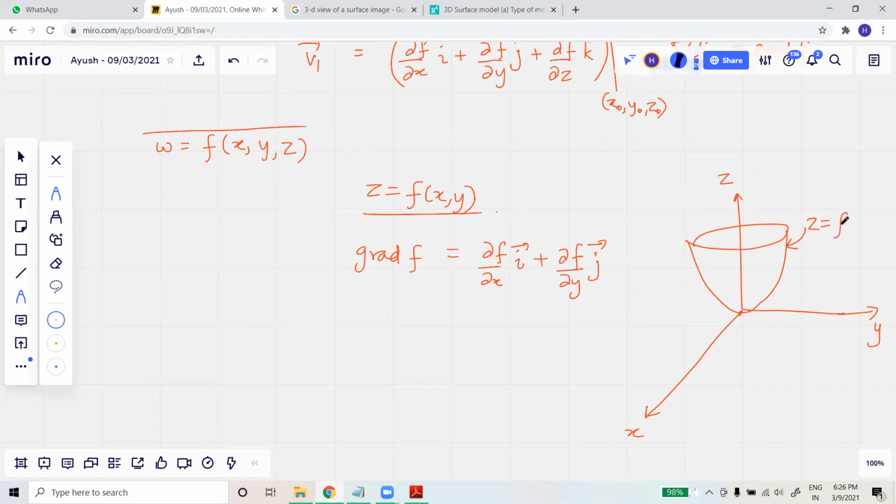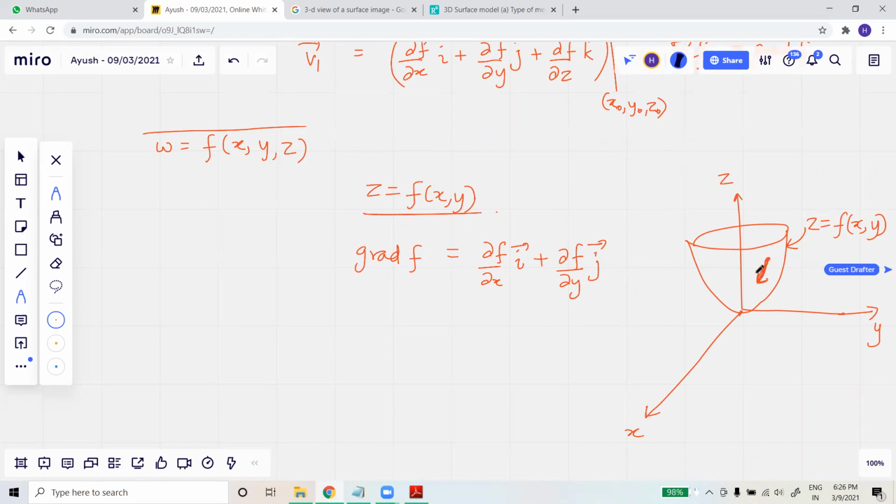What is the big deal? So let it be this case. What the gradient will tell you is how this function is changing along the i direction, how this function is changing along the j direction. Suppose you're finding the gradient at this point. This point is on that bowl. So the gradient is how you are going along the bowl.